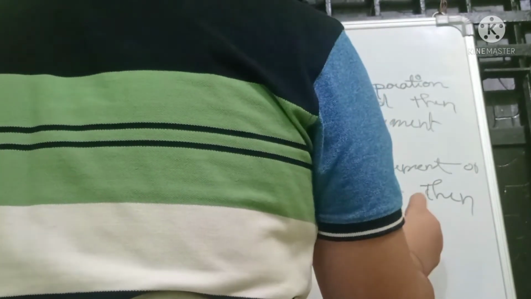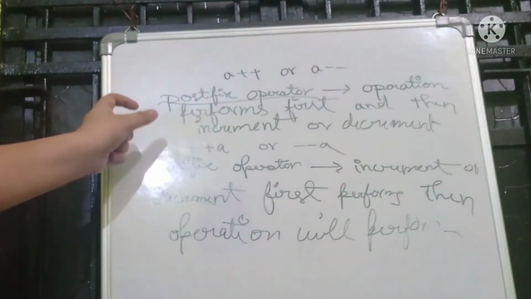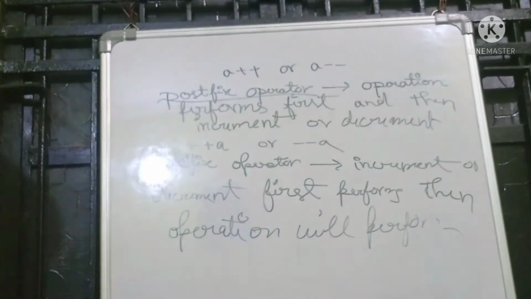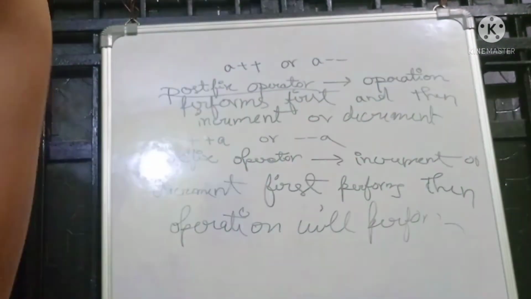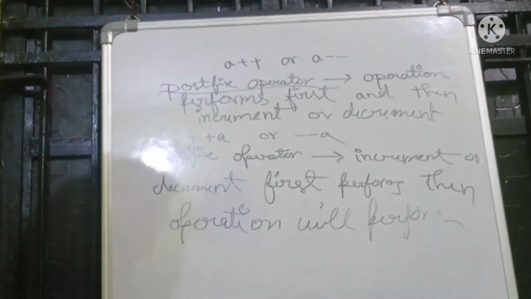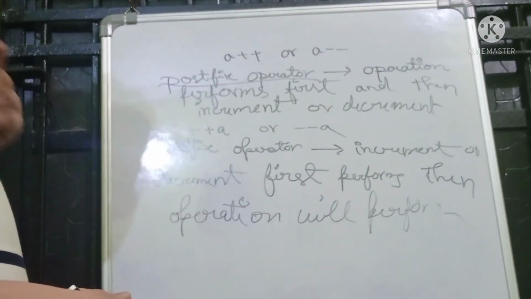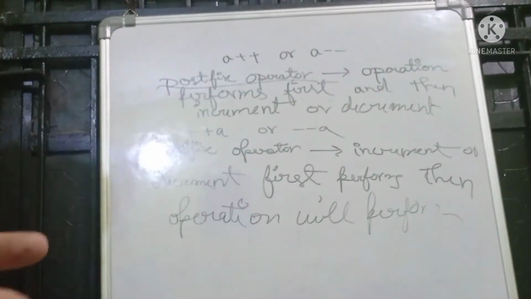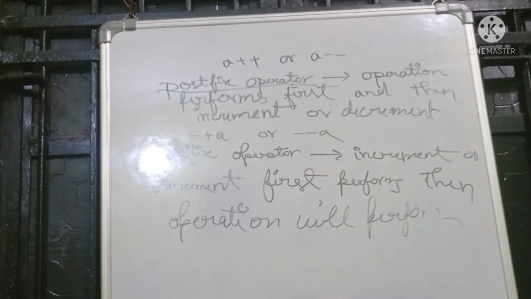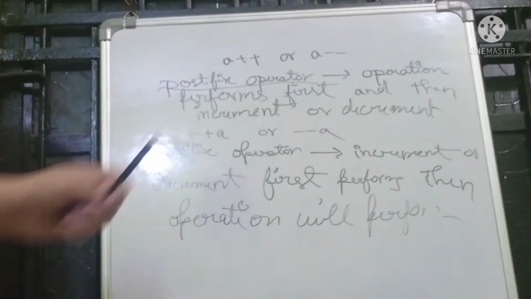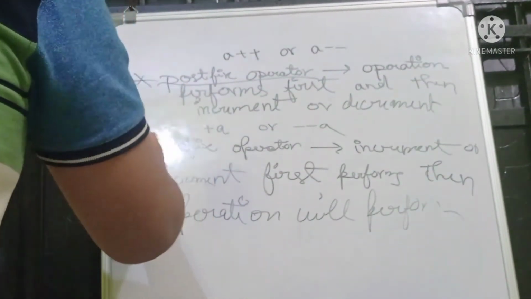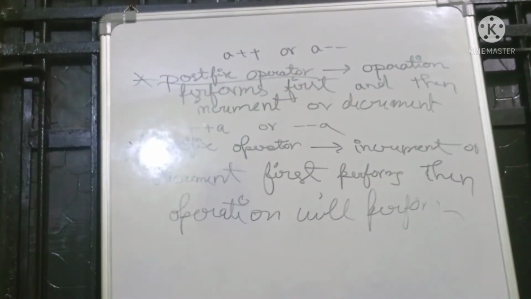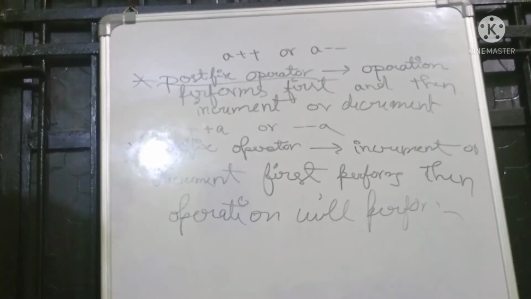So basically, a postfix operator is an operator in which the operation is performed first and then increment or decrement as based on the question. In a prefix operator, increment or decrement first performs and then the operation will perform. These are the two operators, and we will be doing questions based on this.